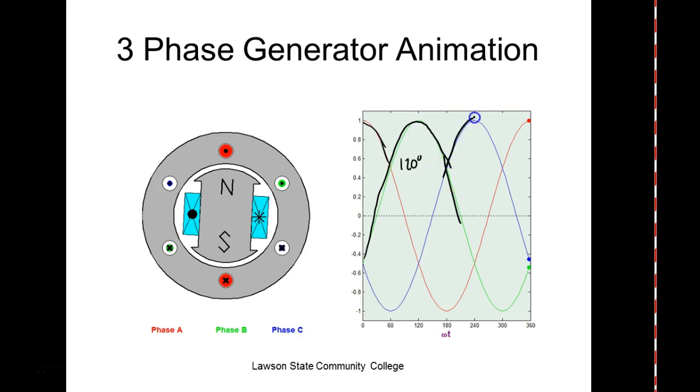And then this one, which would be phase C, would be 120 electrical degrees away from phase B. We could say that, but normally when we use leading and lagging, we talk about capacitors and inductors.